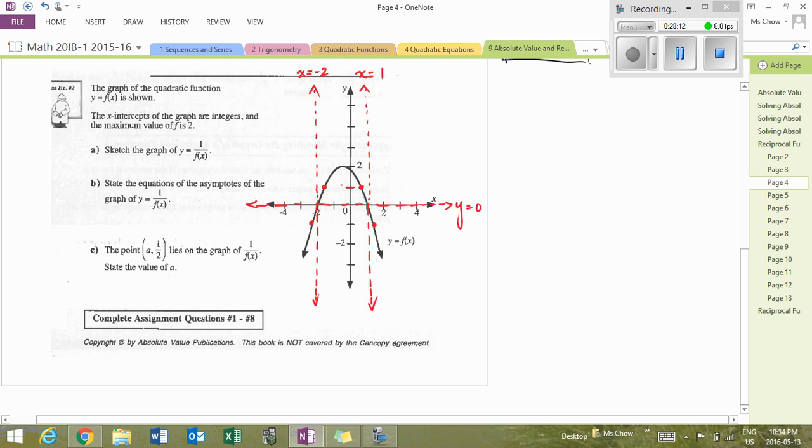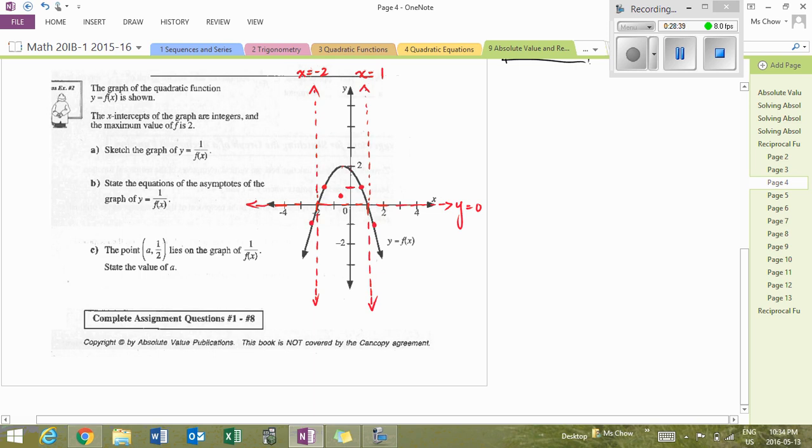So at this particular point here, where the x, we're not sure, we can probably estimate that at -1/2, y is 2, so the reciprocal of 2 is going to be 1/2, so that tells me that this is a point on my reciprocal function as well.